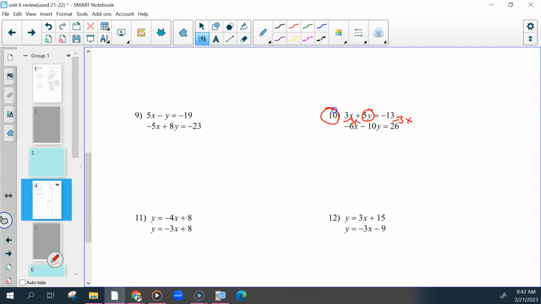Subtract 3x on both sides. And divide everything by 5. These should give you nice decimals, so if you want to change those to decimals instead of fractions, you could do that.